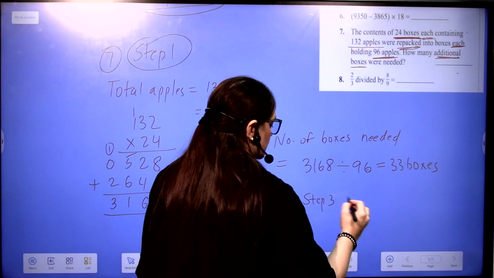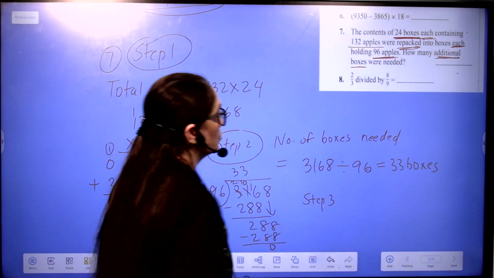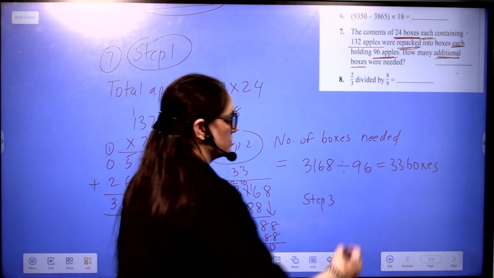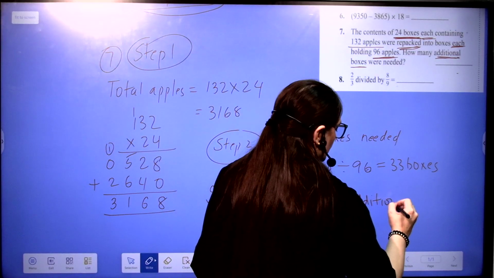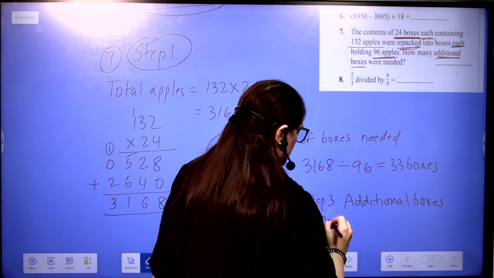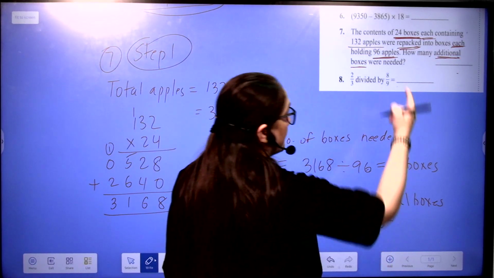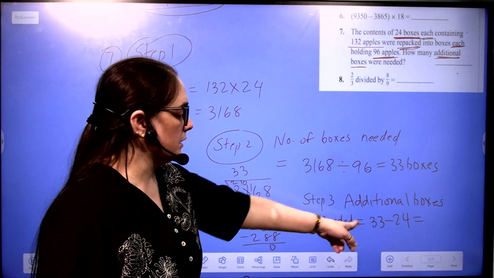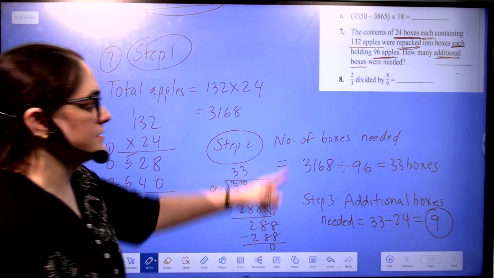Step 3 should be, wait, no, you had 24 boxes and you need 33 boxes. So additional boxes needed should be 33 minus 24. That should be 9. So that's your answer for question 7.